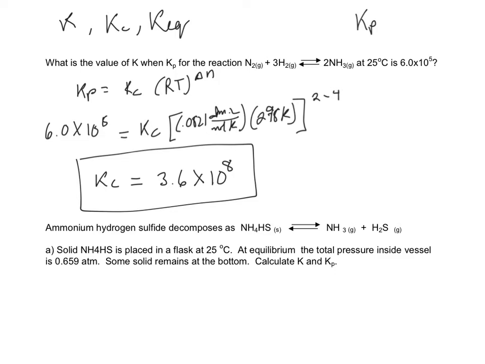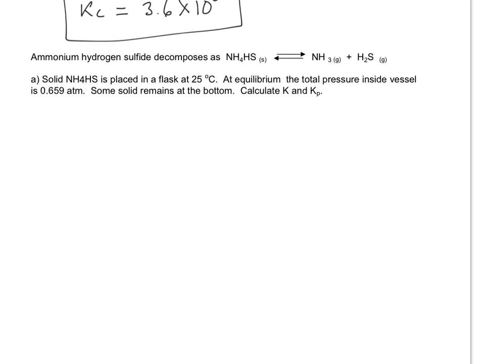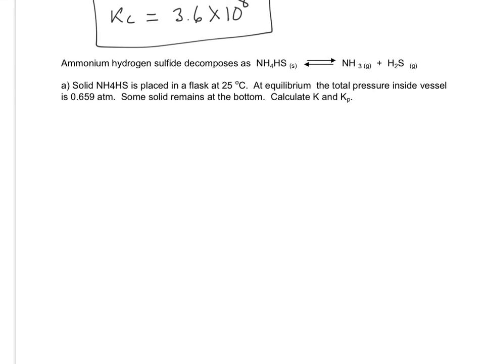The next 3 problems have to do with this reaction here. So NH4HS decomposes to form ammonia and H2S. So let's look at letter A. It says solid NH4HS is placed in a flask at 25 Celsius, so room temperature.